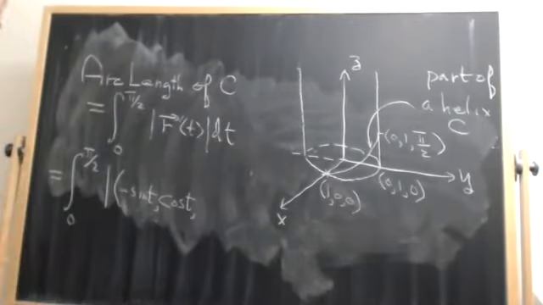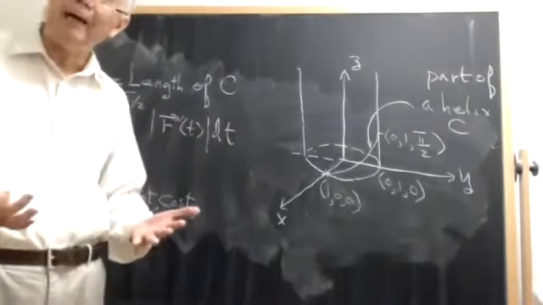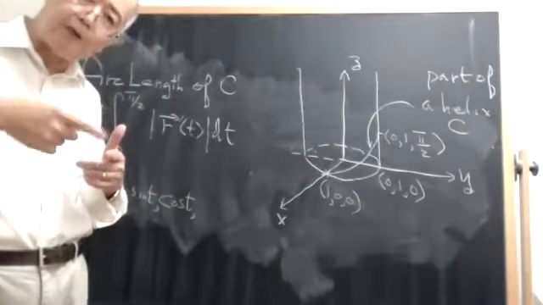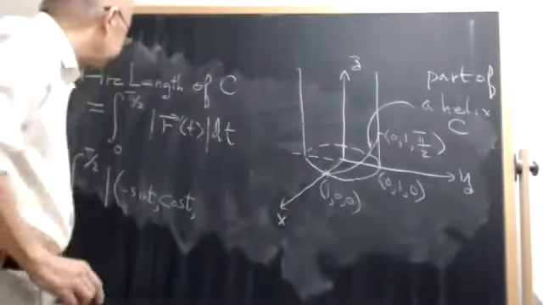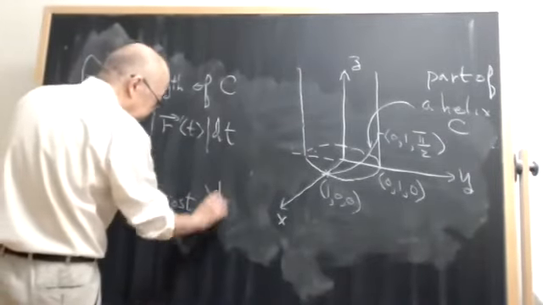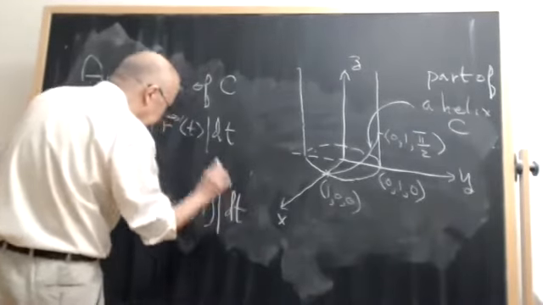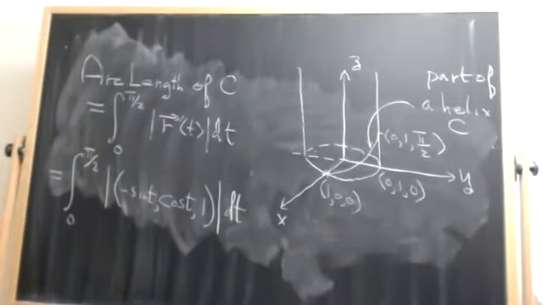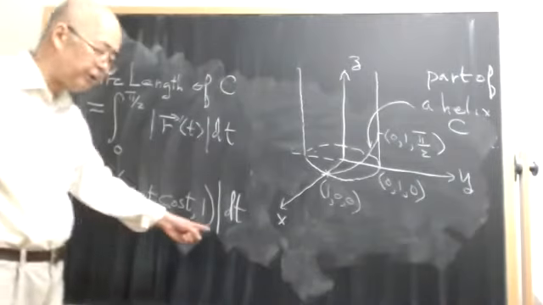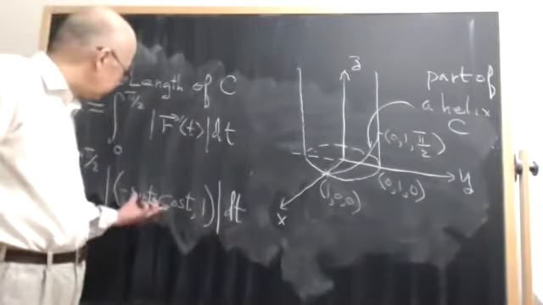And the third component of r of t is equal to t, and when you take the derivative, you get 1. This is not absolute value. This is the length of the vector.